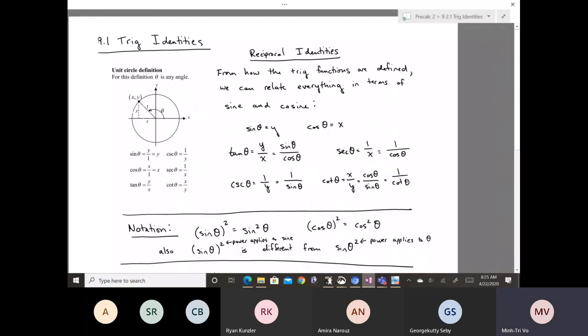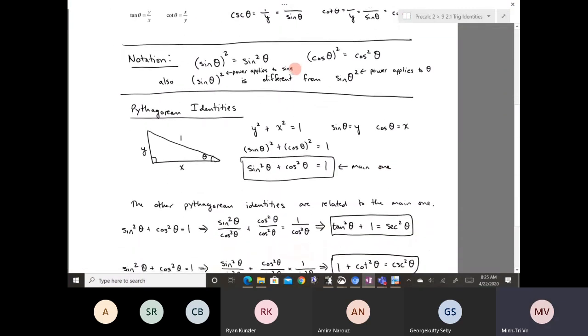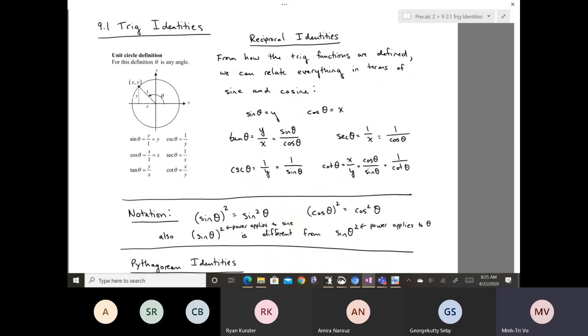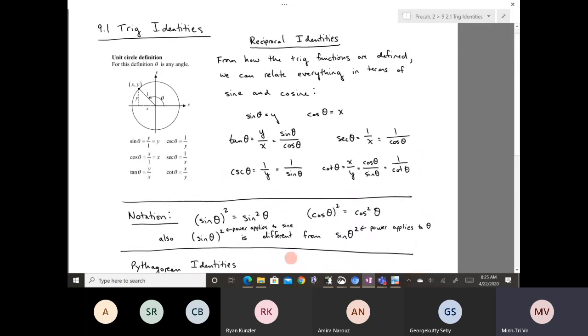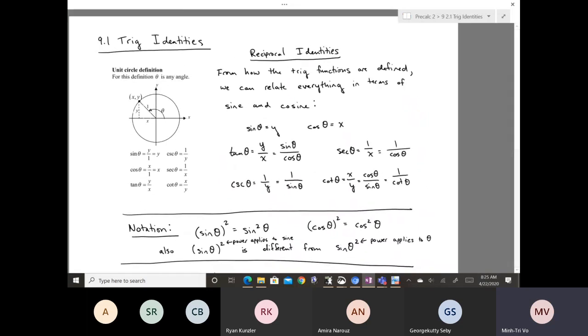In the first page of the section 9.1 worksheet, it's basically explaining where these particular identities come from, right? As for the reciprocal identities, they're basically coming from the formulas given by the unit circle.